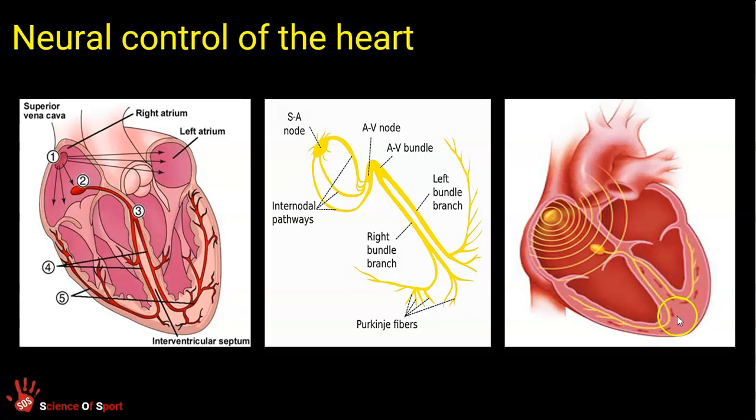And at this point, it's not making the chambers contract, it's just basically getting to the bottom of the heart, because then, importantly, the wave of contraction goes from the bottom of the ventricles up the Purkinje fibers. So the atria contract top to bottom to push blood down into the ventricles, and the ventricles contract bottom to top to push the blood up and out.